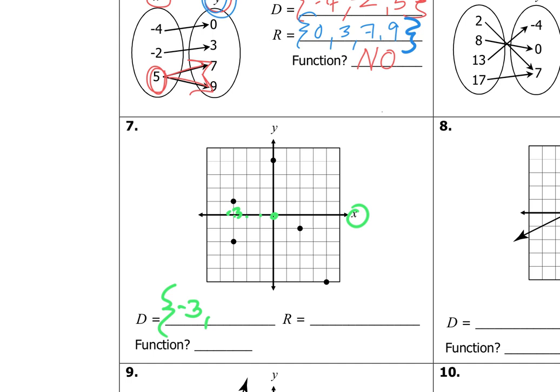And moving from left to right, because remember we're putting our domain, our x values in from the smallest number to the largest. So our next one would be right here at 0. And then we have +2 and 4 in this set, okay?